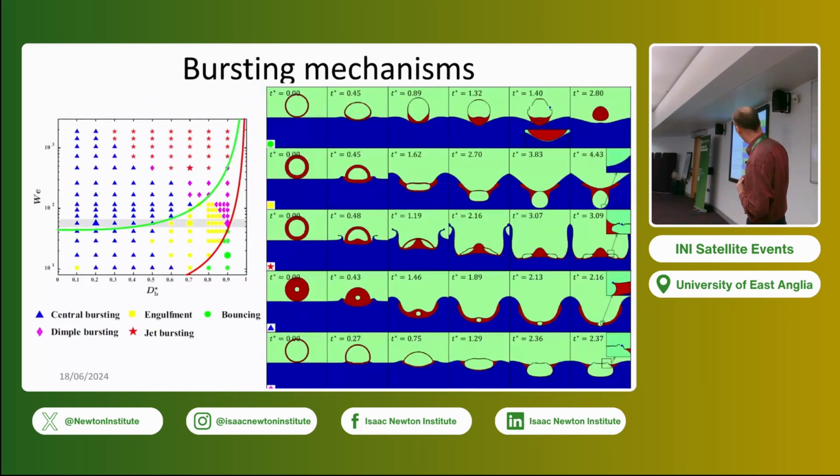To understand the two boundaries here, it's related to the dynamics of the bubble. At lower impact, for these smaller bubble sizes, the bubble will easily burst at the center. You get some deformation of the bubble that makes it more stable here. And eventually, you can get some bursting also on the side of the bubble, making it a different bursting mechanism in this region here.